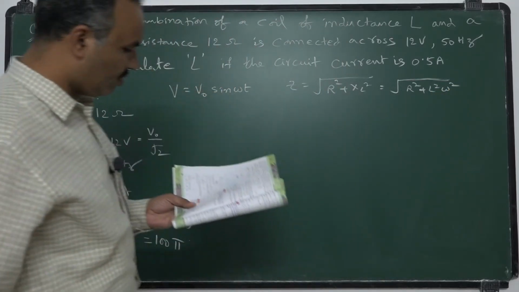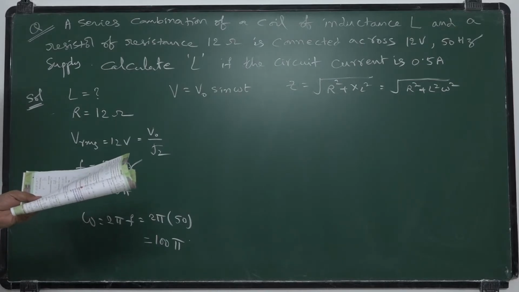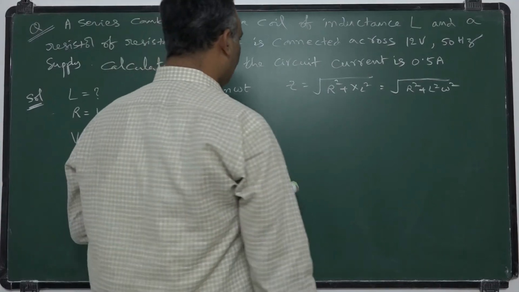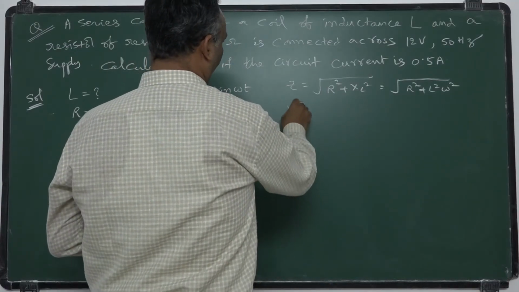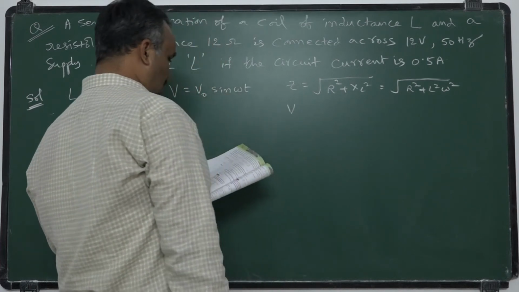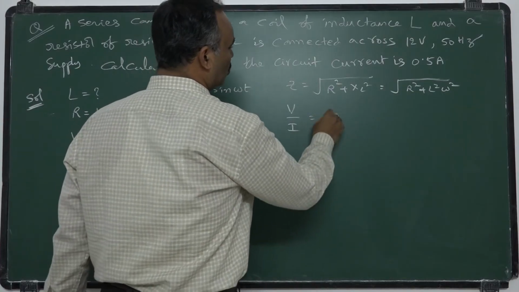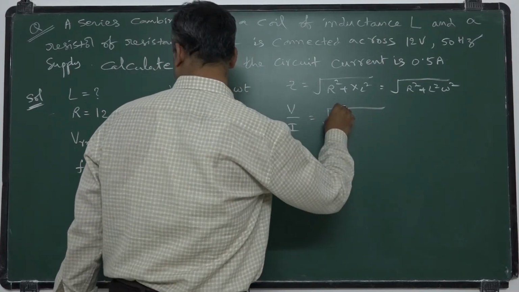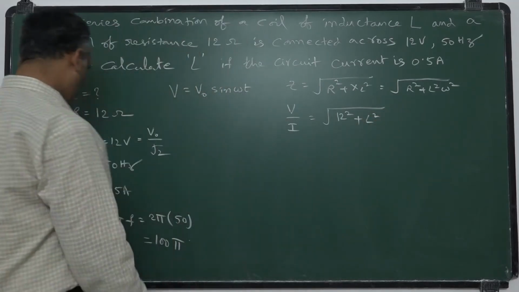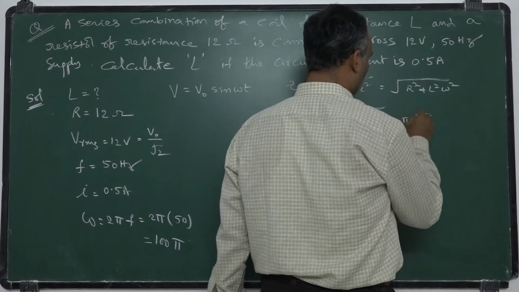This is the impedance of the circuit, and you are asked to find the L value. Impedance can also be found by taking voltage by current, which is equal to square root of R square, 12 square, plus L square, which is not known to you, omega square is 100 pi whole square.